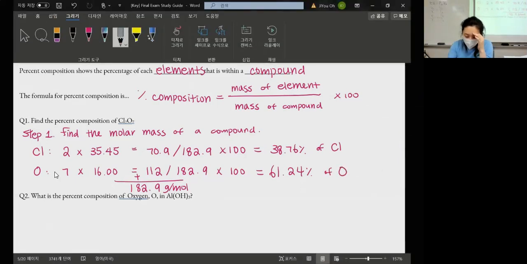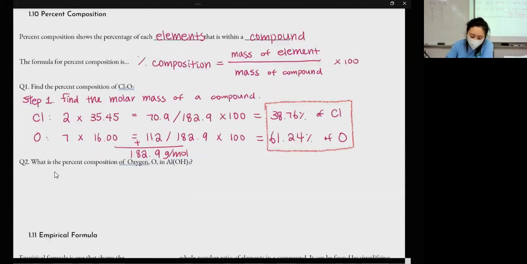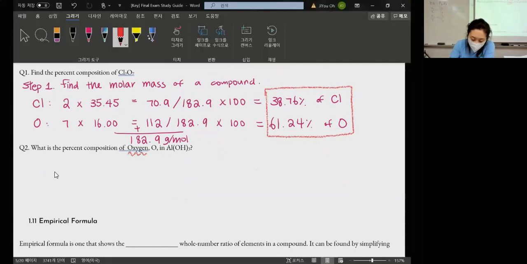Okay, so those will be the final answer for the percent composition of a compound. Sometimes you will be asked to find the percent composition of just one of them in this compound. So still you will have to calculate the molar mass of a compound.